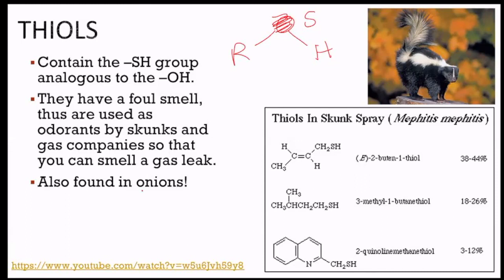It's found in skunks and it's found in onions. They look like SH. They're just like the OH. They're polar, they're bent. They're just not as strong of a bond. Okay, so that's it.